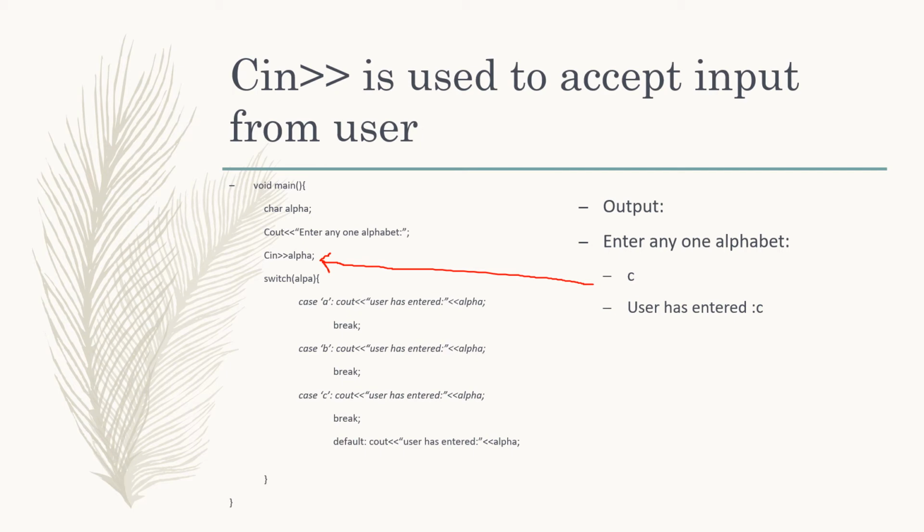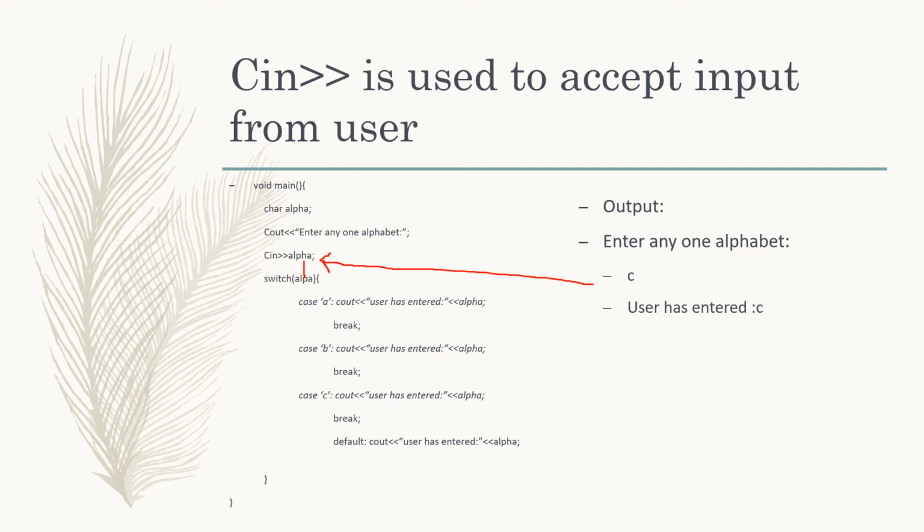So here enter one of the alphabet and alpha gets the value of C. So switch alpha. So now again we are passing this parameter to switch case. Case A. Now remember these are characters. That's why they will be in single quotes. So case A we are comparing, is alpha equal to A? No. So we will come here. It is false.